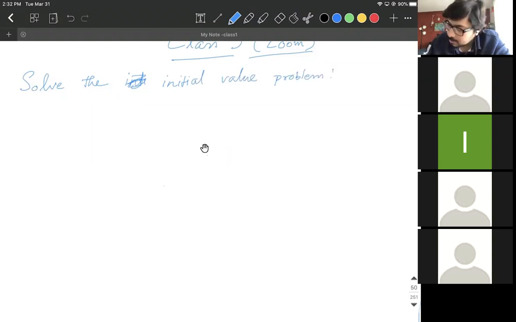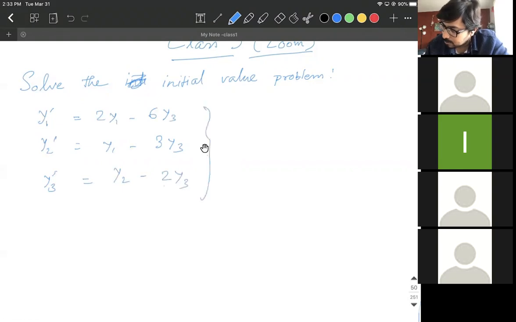So this is a typical example of an initial value problem. So y1 prime equals 2y1 minus 6y3. y2 prime is y1 minus 3y3. And y3 prime is y2 minus 2y3.